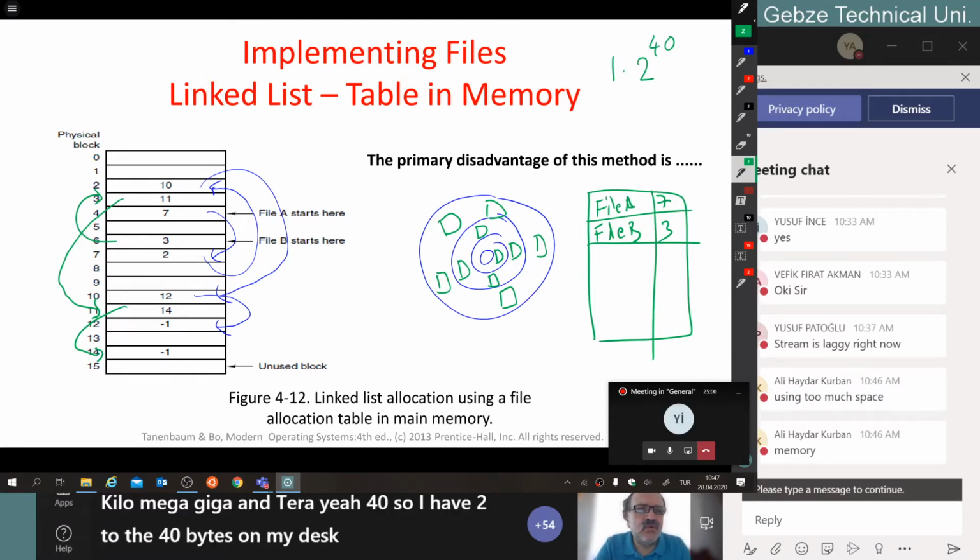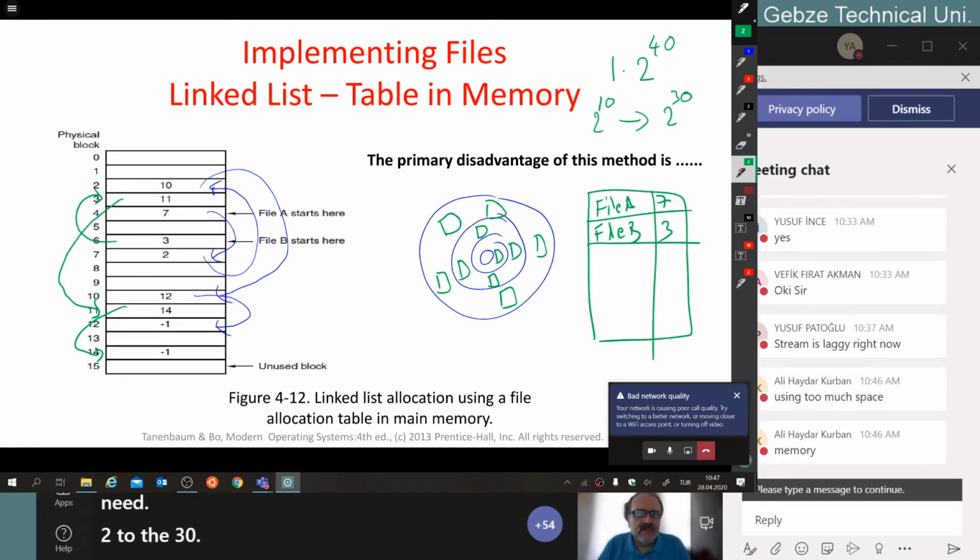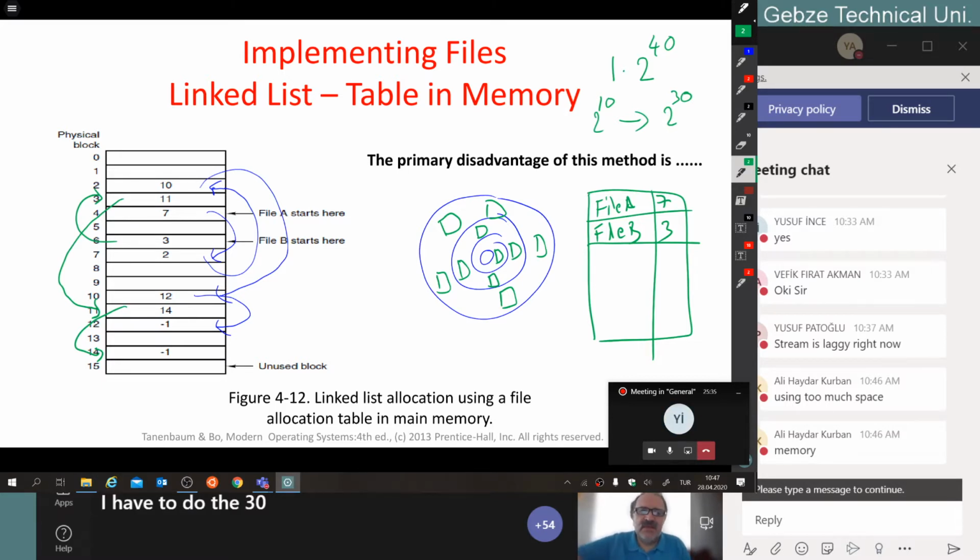Let's say each of my blocks is 1 kilobyte. Then in that case, I have 2 to the 30 entries, 2 to the 30 size array in my memory.